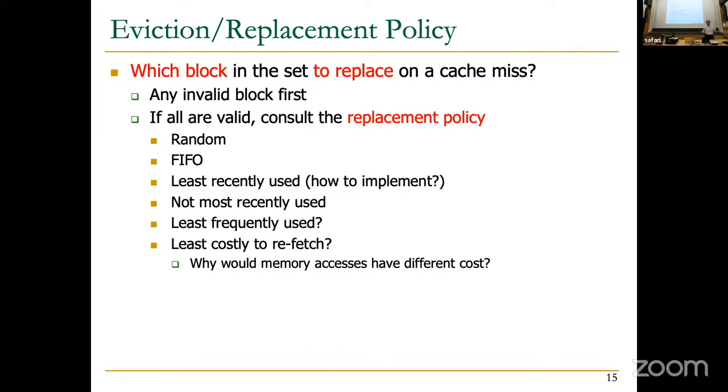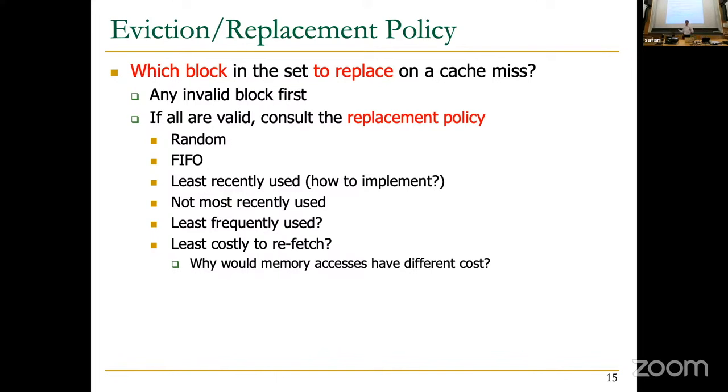And this is important because if you miss in the cache, and if you are going to evict a block, and if it's very costly to refetch because it's coming from very far away, let's say remote memory, this is a lot more expensive than a block that's easy to refetch, that's not coming from remote memory. So different cache blocks have different costs in terms of latency to refetch. And this should be taken into account in the cache management.